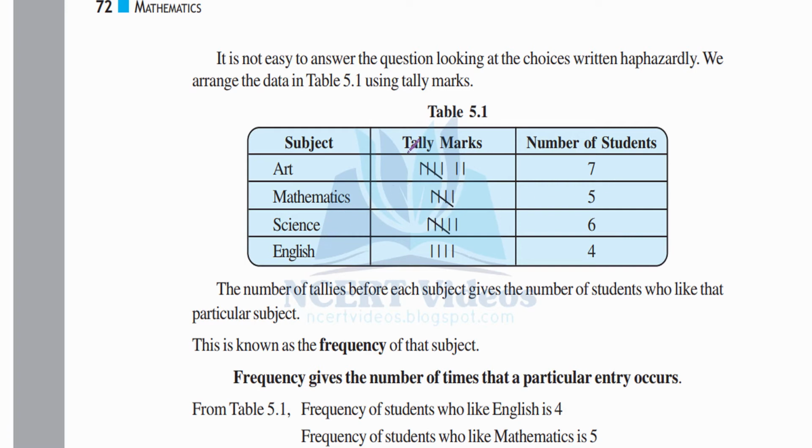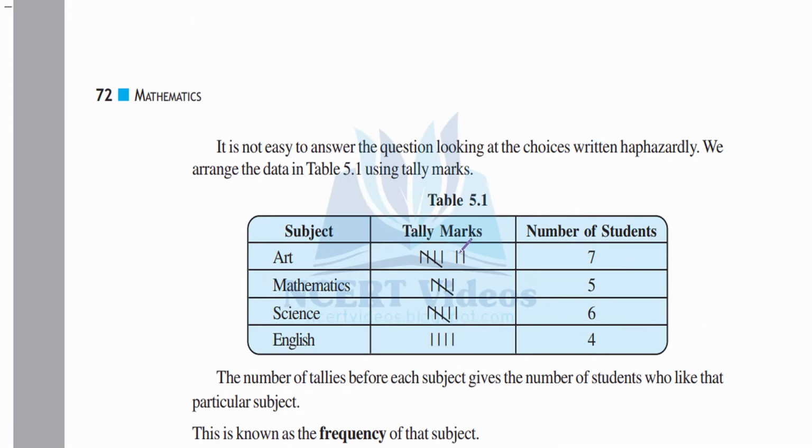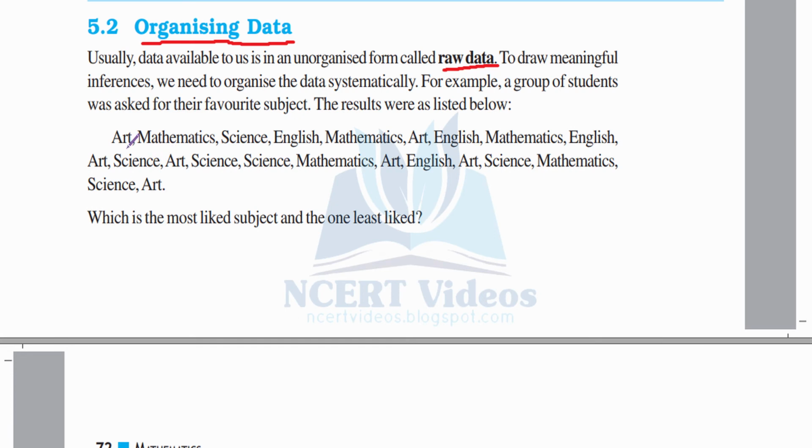Now, if we have forgotten how we draw these tally marks, let's give an example for English. For each instance, we will draw a pipe sign. We are talking about English. So we encounter English over here, we cut it and we put one tally mark. It is just a perpendicular pipe sign. Then English again, we put another pipe sign.